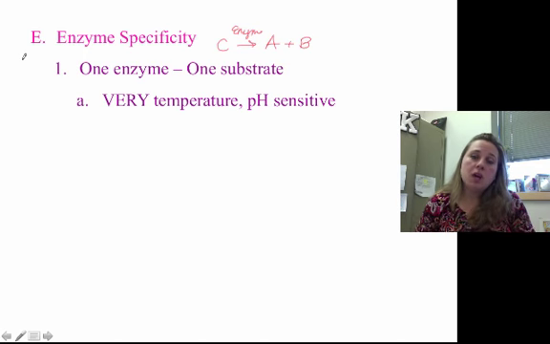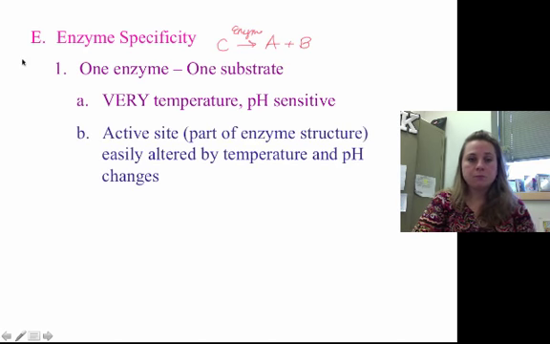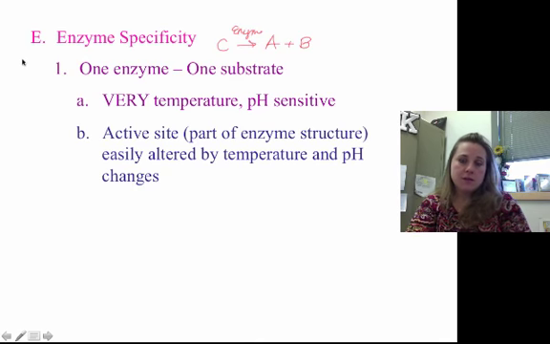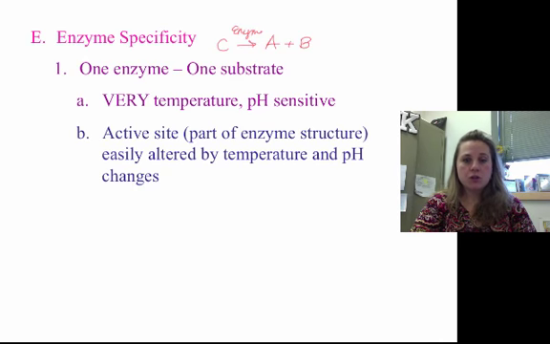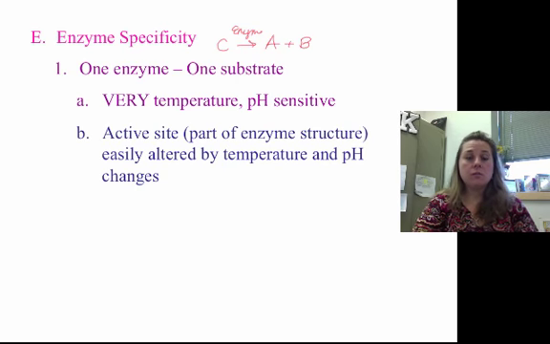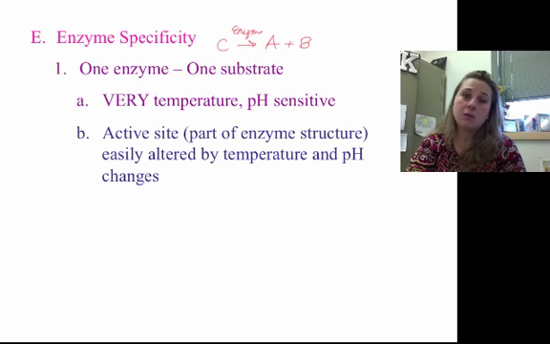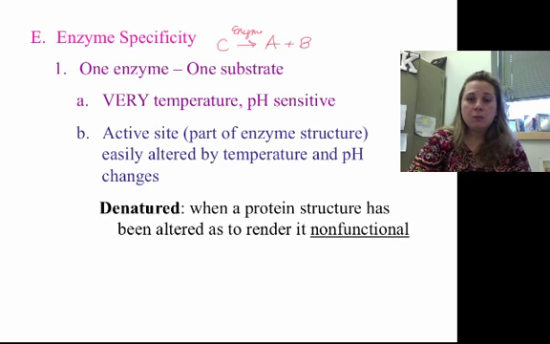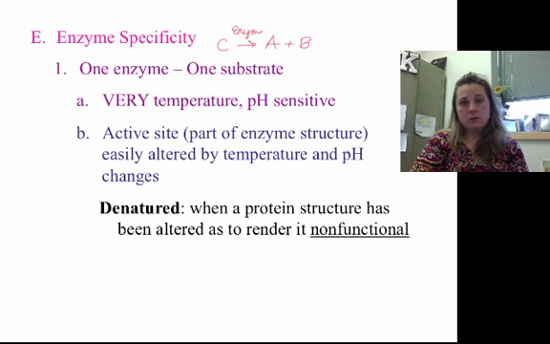And if it loses its shape, it can't combine with the substrate. So our active site, as I mentioned earlier, is part of the structure, and that can fall apart. It can be ruined by extreme alterations in temperature and by severe changes to pH, which we're going to spend some time talking about. And when a protein falls apart, okay, we consider it to be denatured.